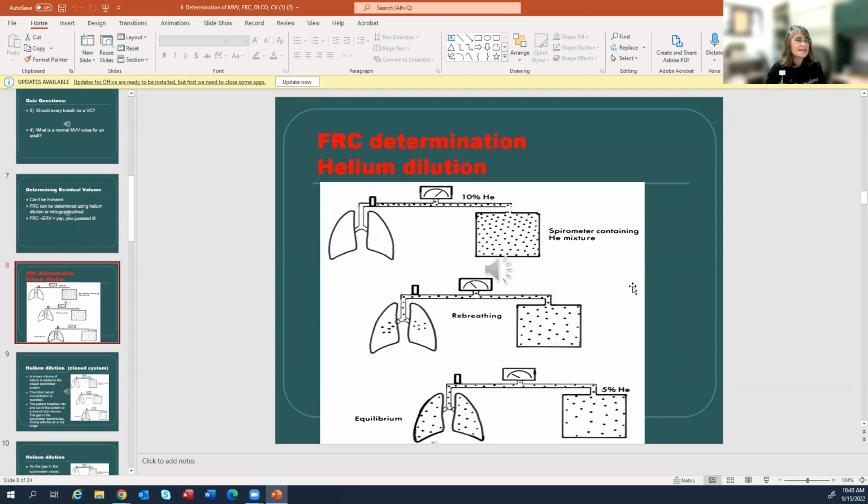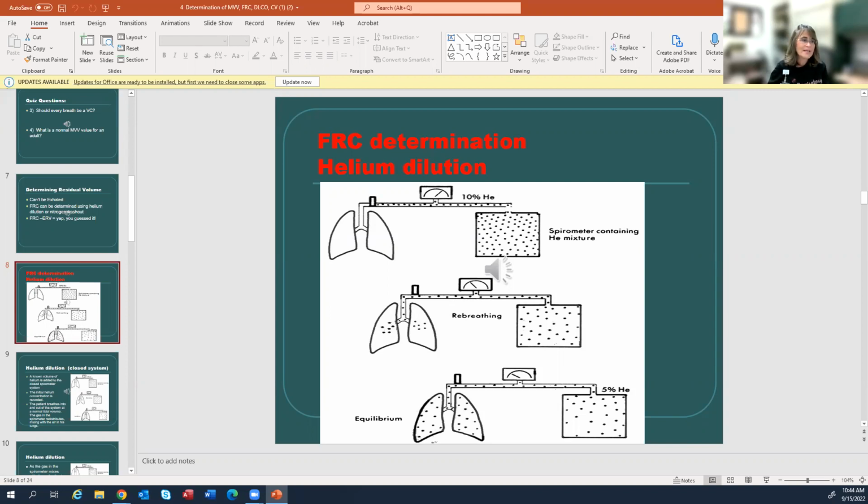So the first test is the helium dilution test, where the patient breathes from a container of helium until the amount of helium leaving the container equilibrates and stays the same. And then we know at that point that there's the same amount of helium in the lungs as there is in this container.